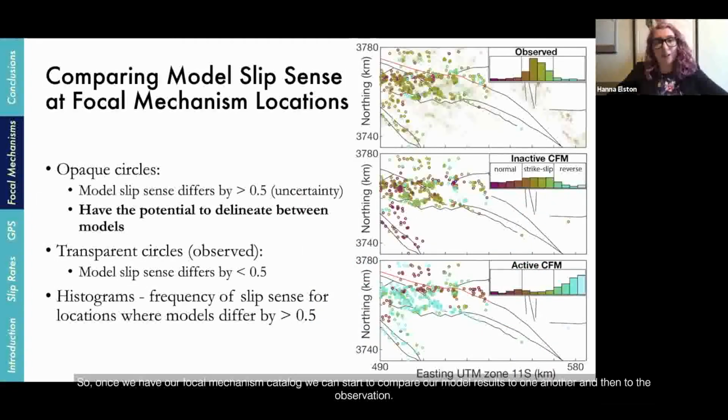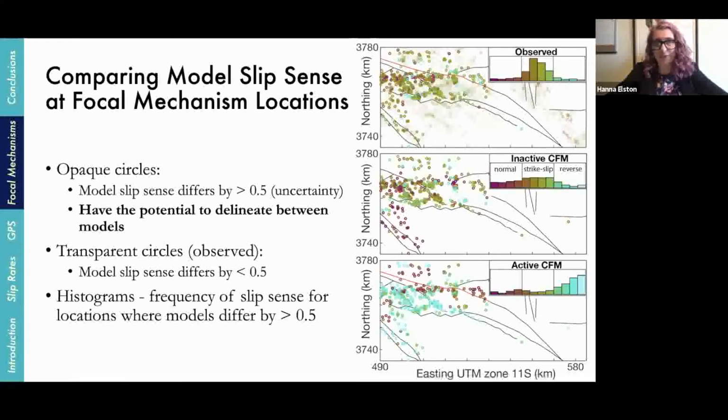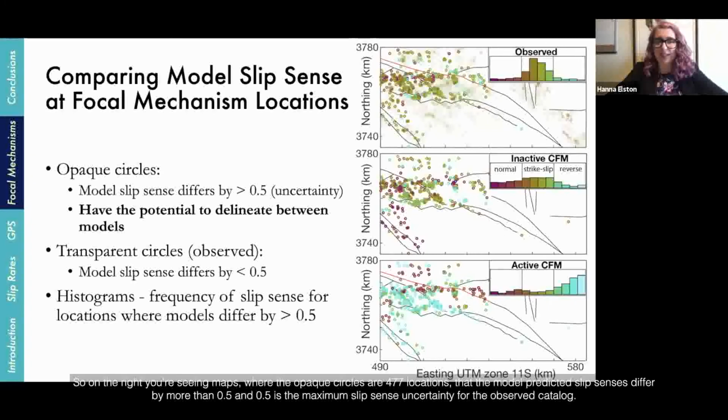Once we have our focal mechanism catalog, we can start to compare our model results to one another and then to the observations. On the right, you're seeing maps where the opaque circles are 477 locations where the model predicted slip senses differ by more than 0.5. That 0.5 is the maximum slip sense uncertainty for the observed catalog.